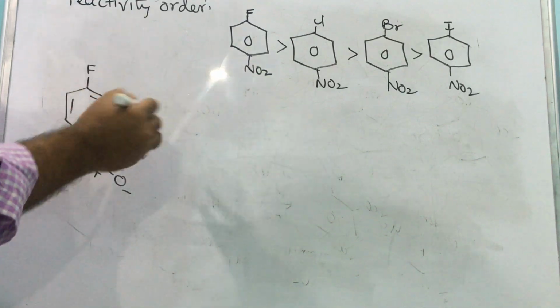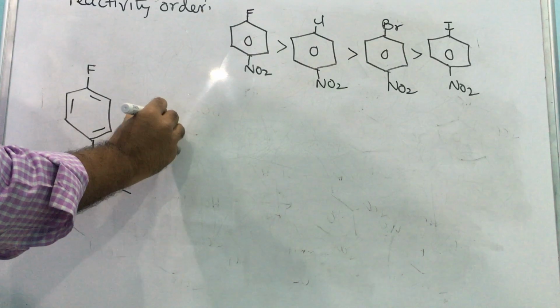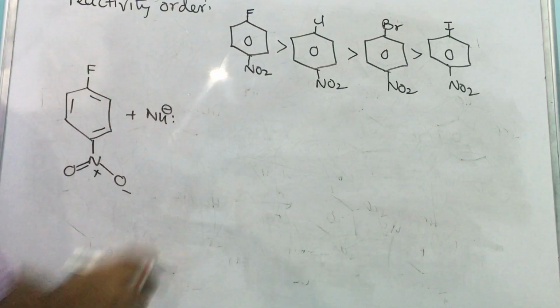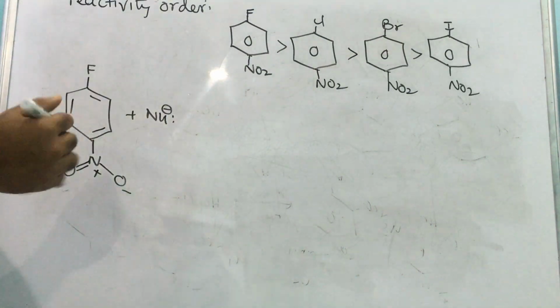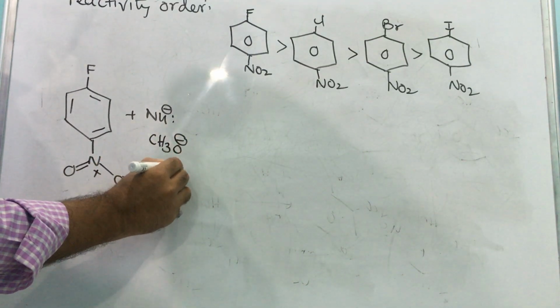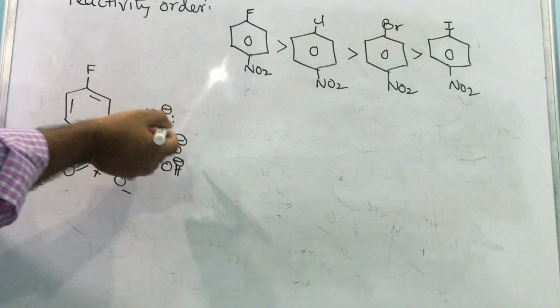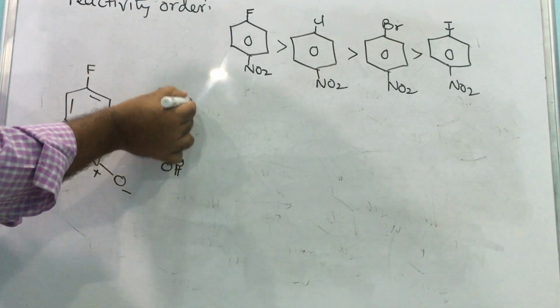Now consider a nucleophile; it may be OH minus or anyone you consider. I will write Nu only. This is the nucleophile. If you want, you can write OH or methoxide ion, no problem. Anyone nucleophile you can take, for example methoxide ion.